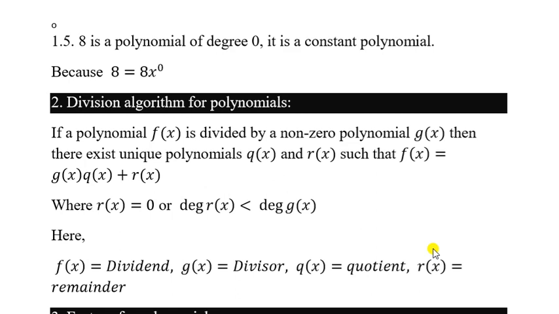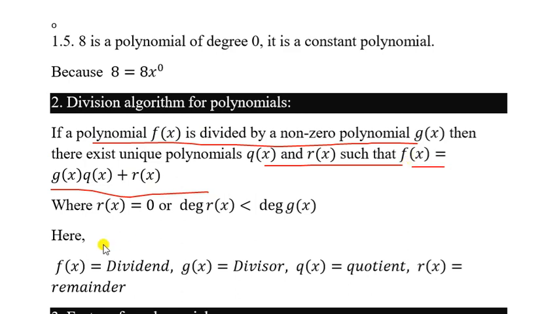See here, I wrote the polynomial f of x divided by a non-zero polynomial g of x, then there exist unique polynomials q of x and r of x such that f of x is equals to g of x into q of x plus r of x. f of x is called the dividend, g of x is called the divisor, q of x is the quotient, and r of x is the remainder. This is the simple division algorithm, just a formula.